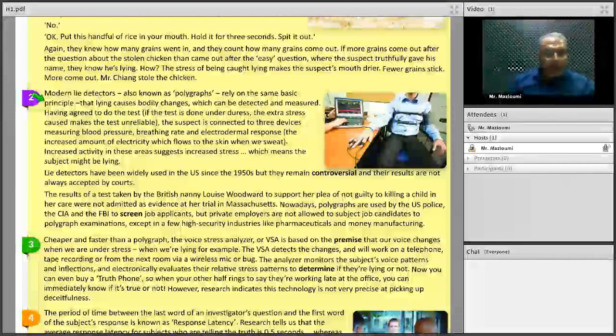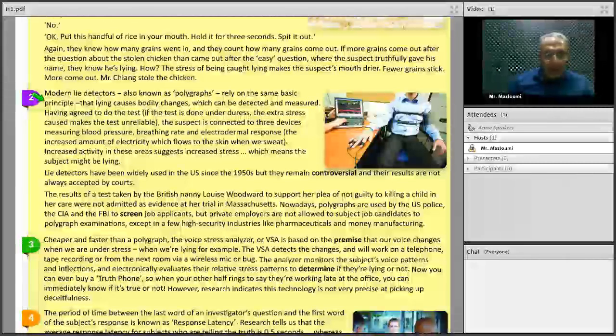Having agreed to do the test, the lie detector test, or the polygraph test, to take the test, if the test is done under duress, the extra stress caused makes the test unreliable.